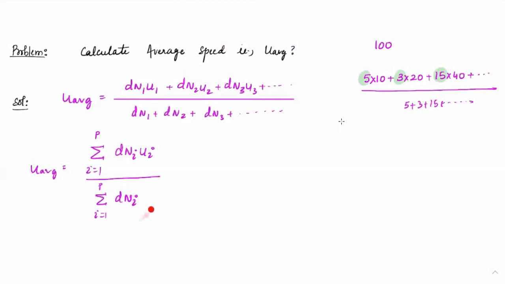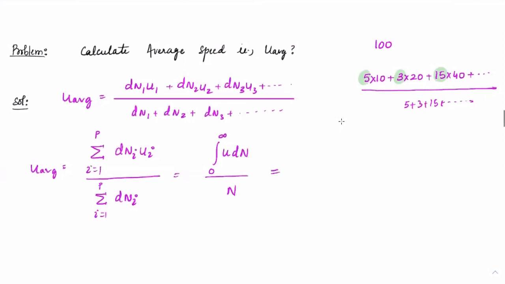What happens if you add all the number of students? We should always get the total number of students. So below I will get n only. Above, if I put the summation in terms of integration, this dn becomes smaller and smaller. So I can write this as the integral from 0 to infinity, imagining there are so many parts, of u into dn.